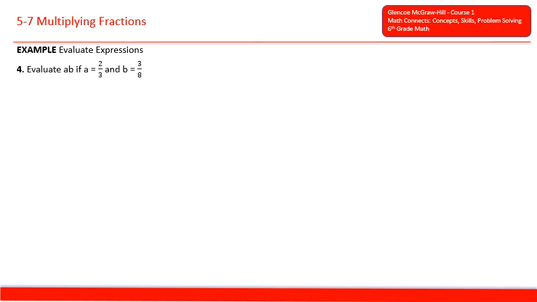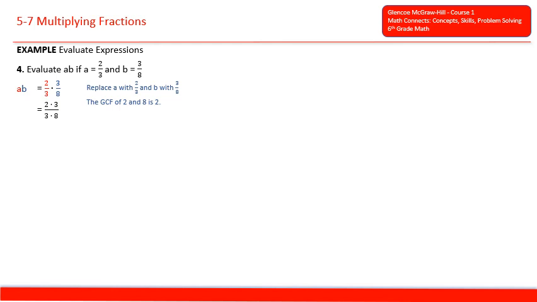Evaluate expressions. Evaluate AB if A equals 2/3 and B equals 3/8. So all we're going to do is plug in 2/3 for A and 3/8 for B, and now we have a multiplication problem with two fractions. 2/3 times 3/8, and now we have 2 times 3 over 3 times 8, and we have a couple of sets of greatest common factors that we can simplify.